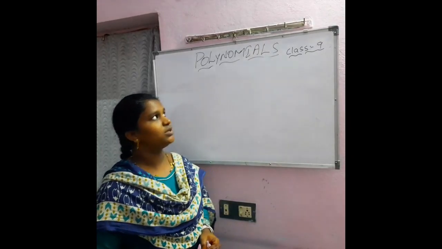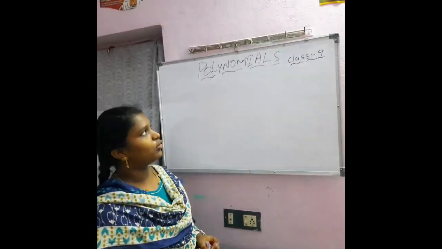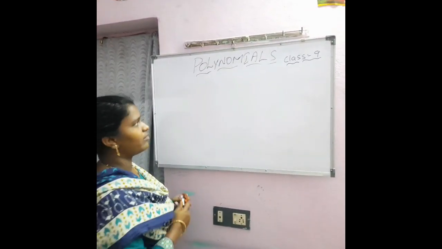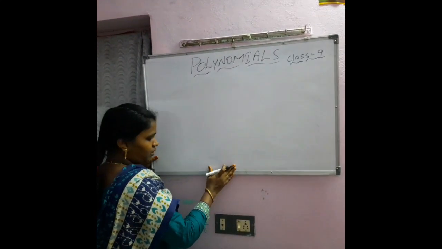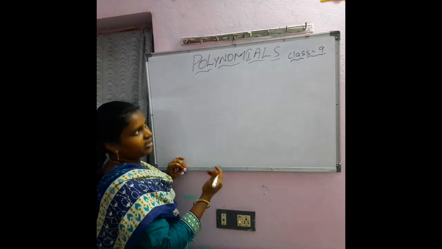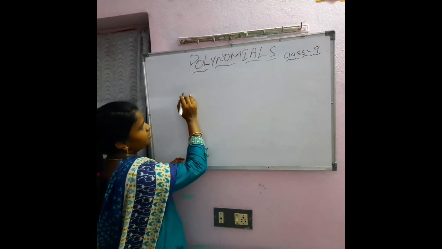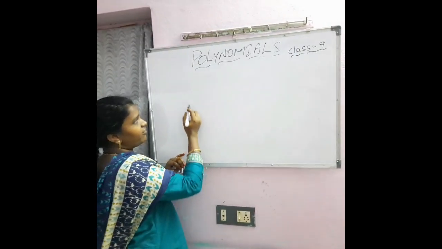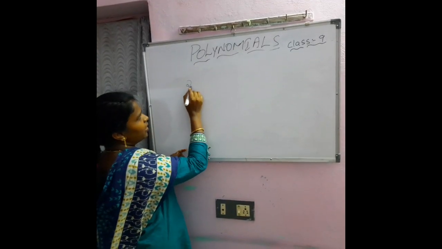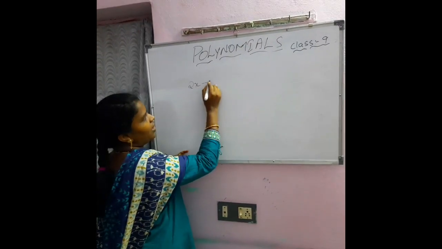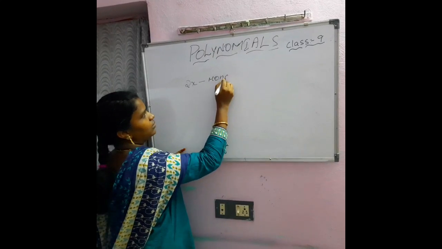By using the terms, we can divide polynomials into different types. Let us look at that. What is a polynomial? It has terms and constants. If I have only one term, that is 2x, then it is called a monomial.